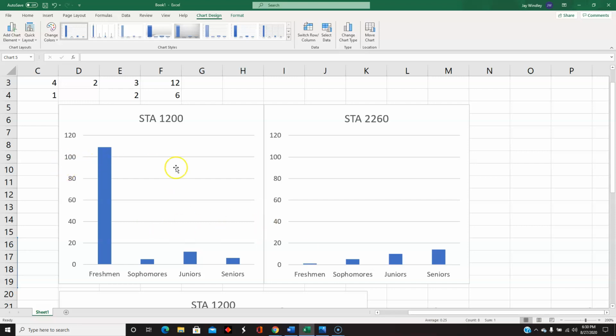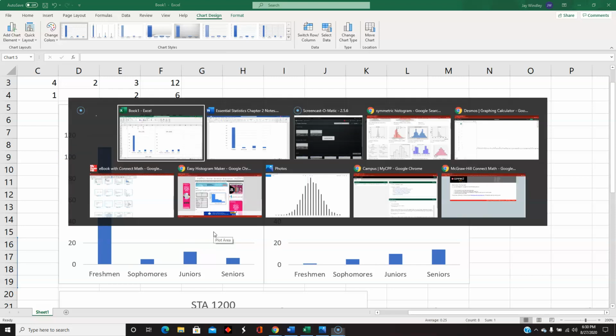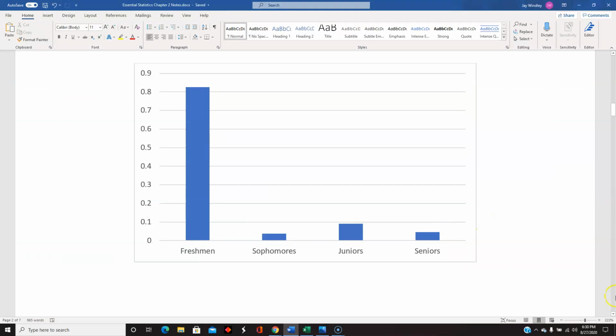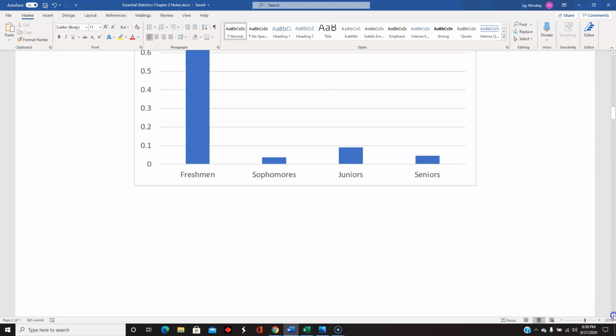So if I do this comparing frequencies, that's not going to really be the comparison I want. So doing it with relative frequencies is one of the reasons why we do relative frequency, to compare two sets of data like that.